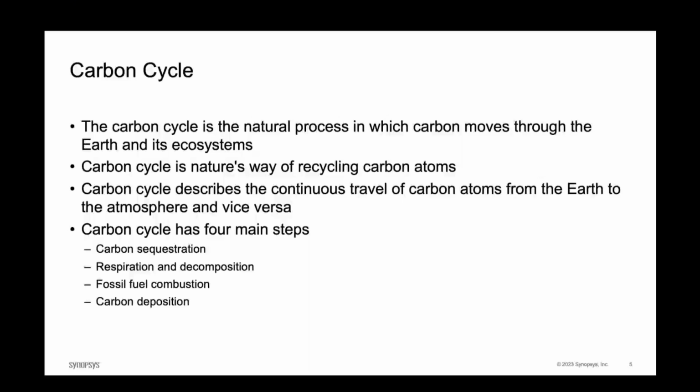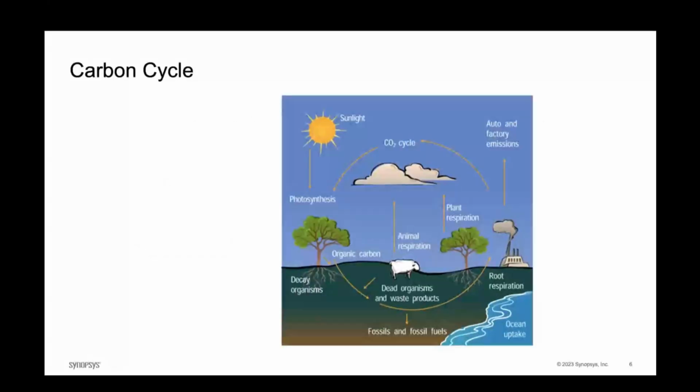And decomposition, when we pass away, or the animal passes away, or a tree is at the end of its life, and the decomposition also generates some emissions. The fossil fuel combustion, when we are burning fossil fuel, and the carbon deposition, when the carbon is going to the sea, which is the main sink of carbon. This is the carbon cycle as we know, so we are trying to explain that very fast.